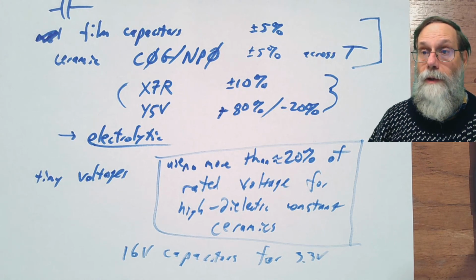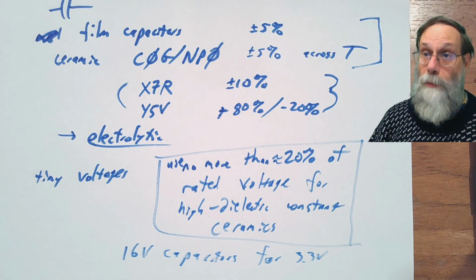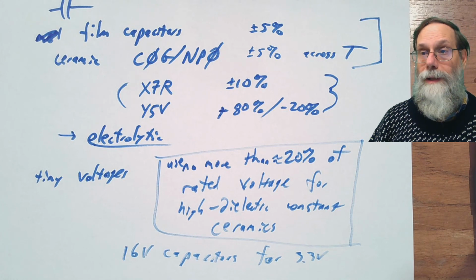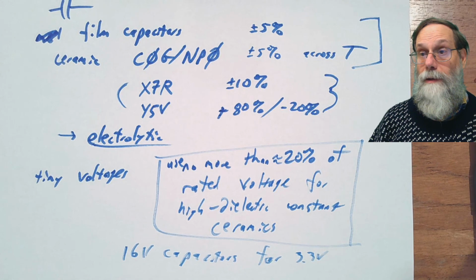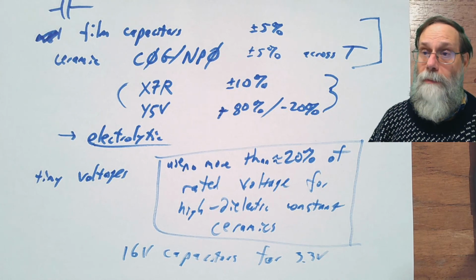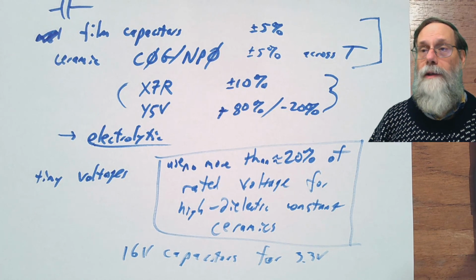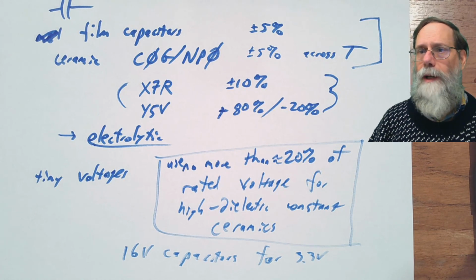And if you need to, you can even get what are called supercapacitors, which are basically electrolytic capacitors that you can get in the farads. So we're talking about millions of times bigger than these little ceramic ones, and you can store quite a bit of charge on them. They don't go to very high voltage. The supercapacitors usually have a very low voltage limit because they're very, very thin films of the insulator.